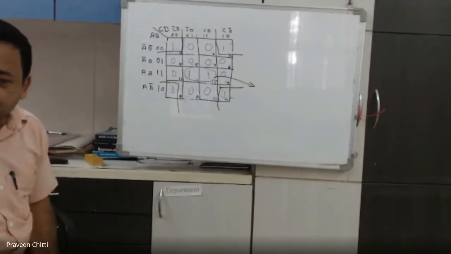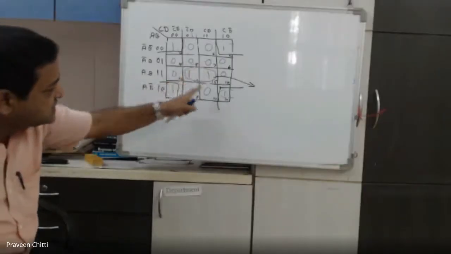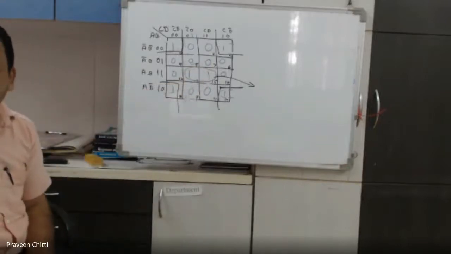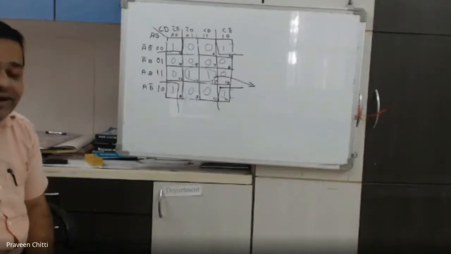Yes, Aditi, are you there? Yes, sir. Can you tell me what is the product term corresponding to this pair? How should we form the product? How are you going to get the product term?